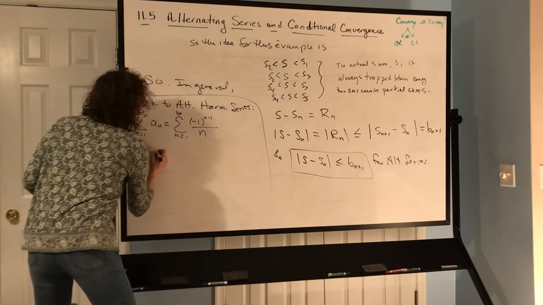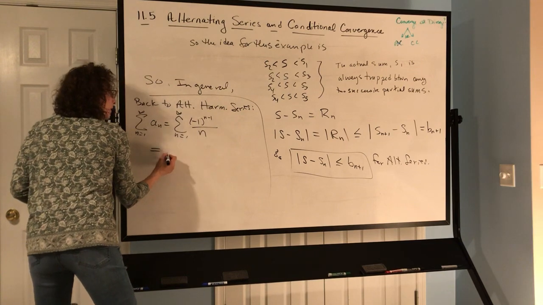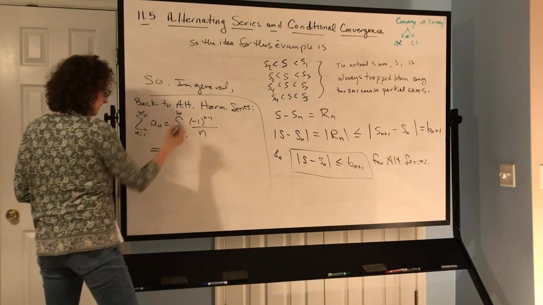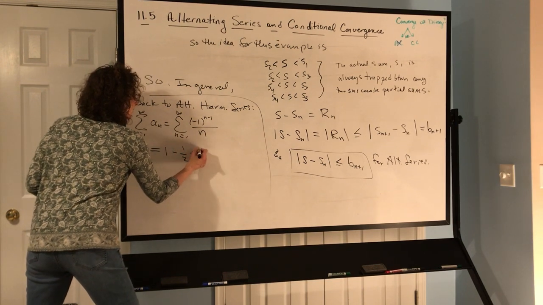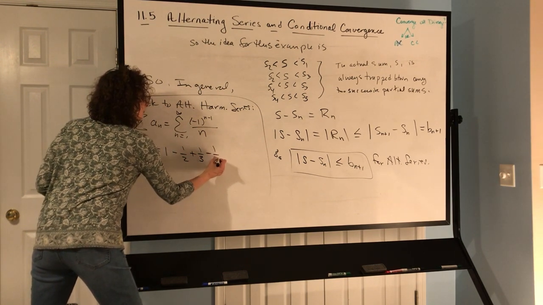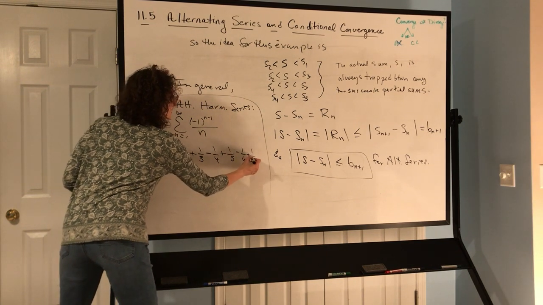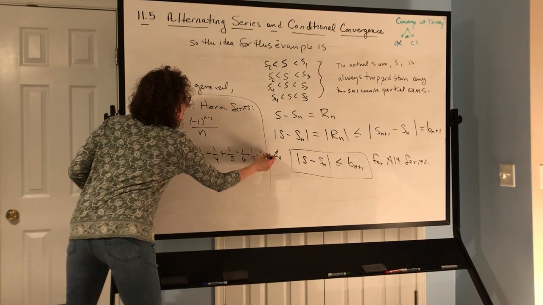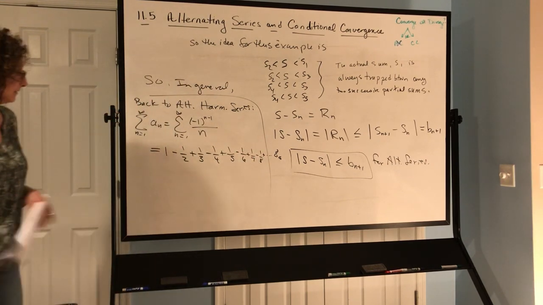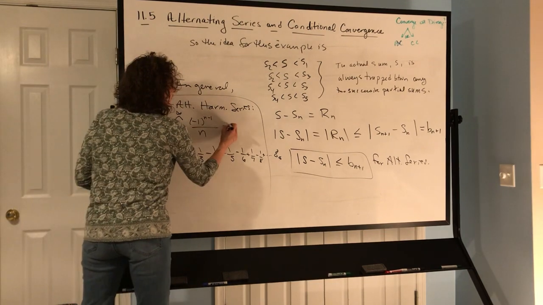We'll write it out again just so that you see what these are. When n is 1, we get 1, and then it's minus 1/2 plus a third minus a fourth plus a fifth minus a sixth plus a seventh minus an eighth, plus on and on forever. This is the alternating harmonic series. What are the bn's for this one?